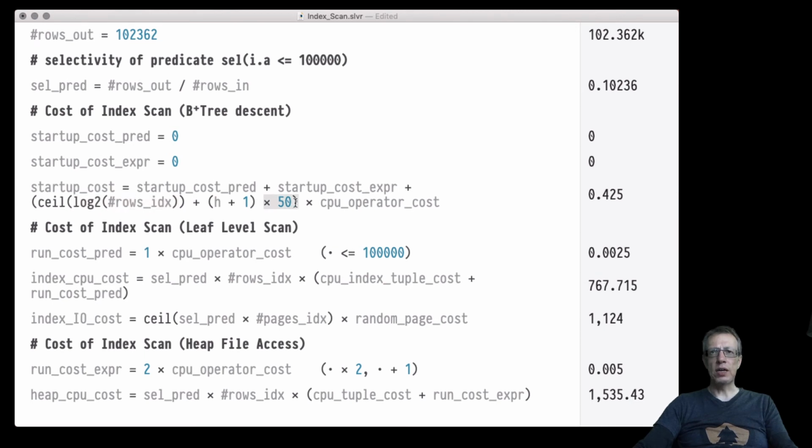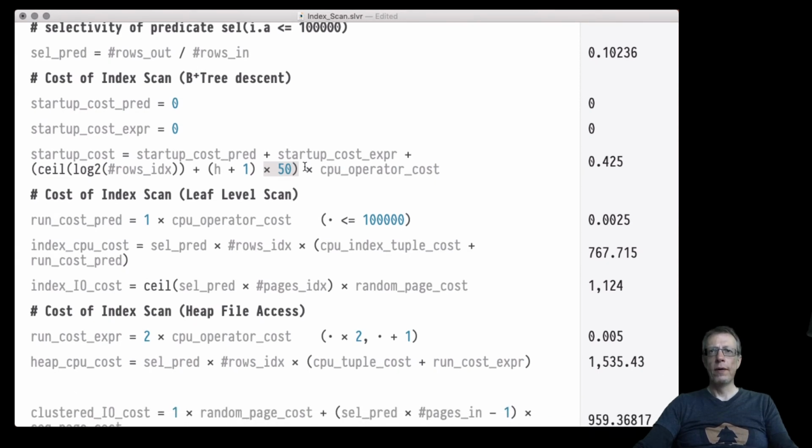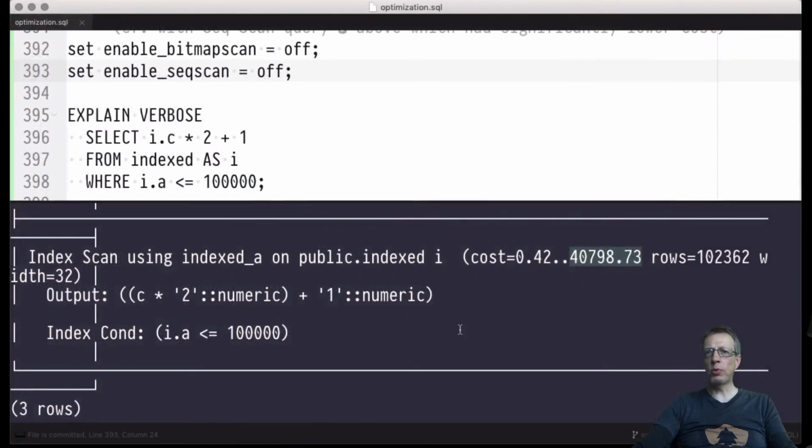This is a measure of the effort that we have to involve in processing one such index node. This is the CPU operator cost that we multiply. So this is the CPU effort involved during the B+ tree descent, and that would define the overall startup cost. It's 0.42. If I switch back to the terminal again here, 0.42 is indeed the startup cost that PostgreSQL also assigned.